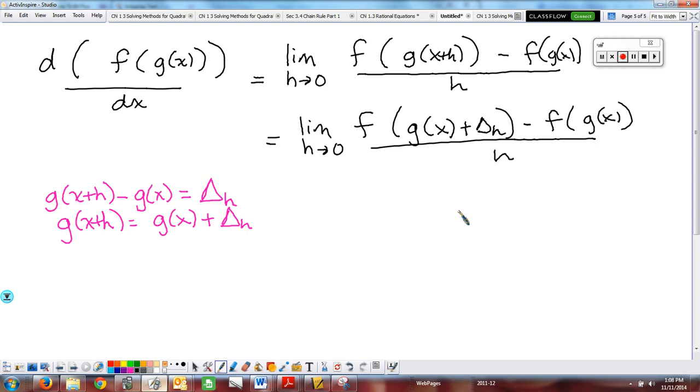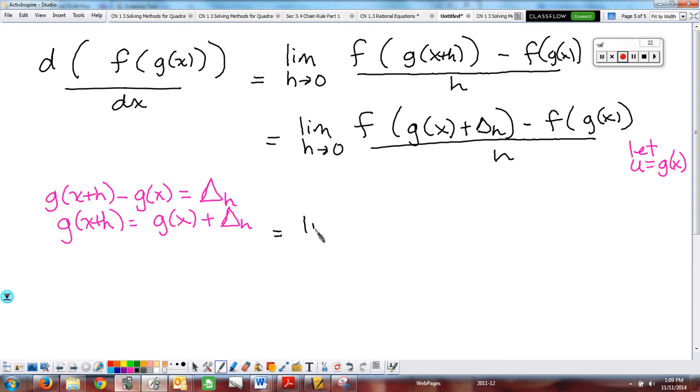Okay. And so the same idea that I did earlier, I'm now basically going to do the u substitution. So what I'm going to do is I'm going to let my u equal g of x, just like I did on the previous example.